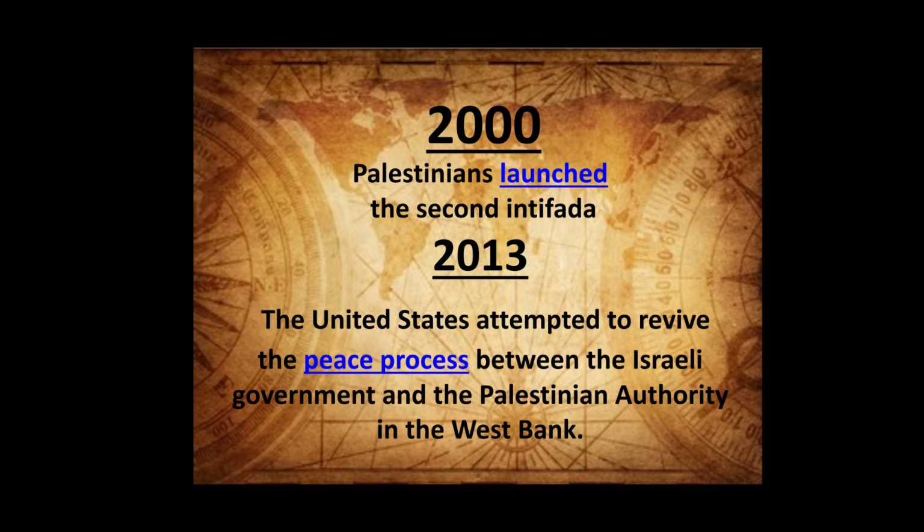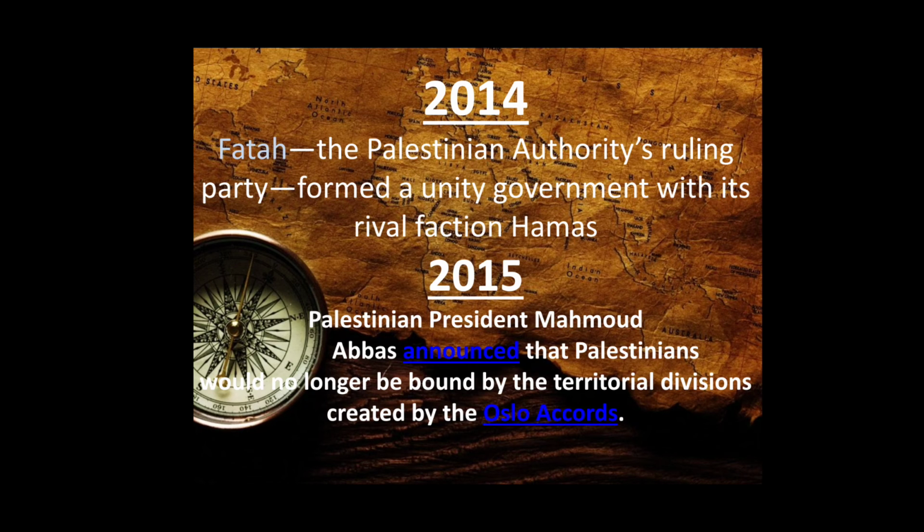In 2013, the United States attempted to revive the peace process between the Israeli government and the Palestinian Authority in the West Bank. However, peace talks were disrupted when Fatah, the Palestinian Authority's ruling party, formed a unity government with its rival faction Hamas in 2014.